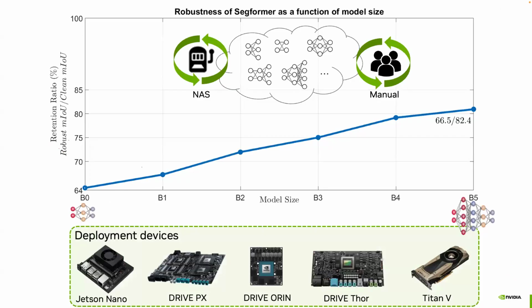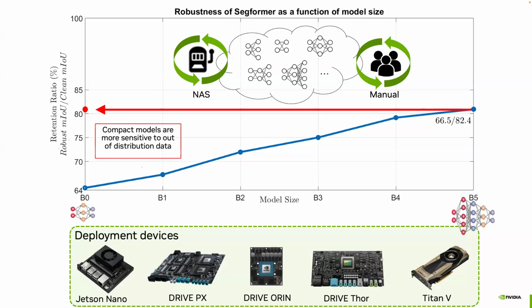An example here is that we can see how the robustness of the Sigma-Former changes as a function of the model size. We measure the robustness by the ratio of the model accuracy with noisy input and clean input. The higher the ratio is, the more robust the model is.